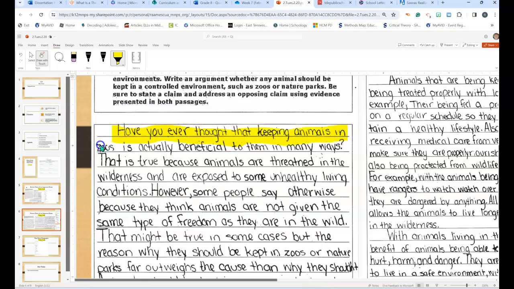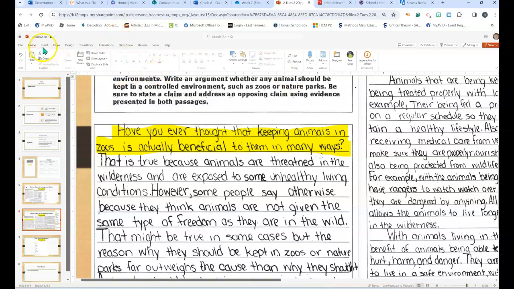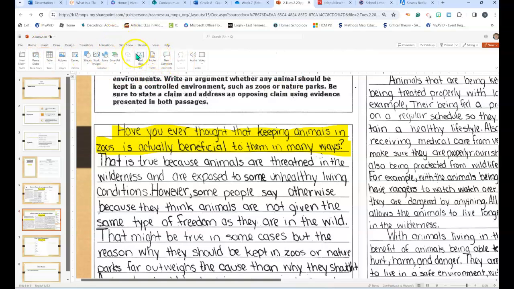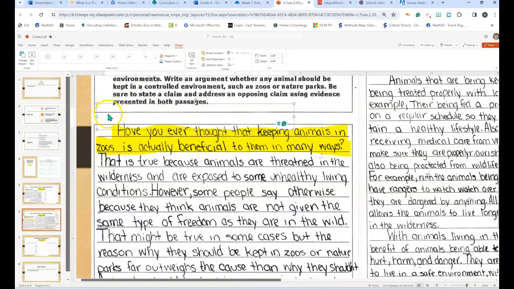So when you start your essay, you start with a hook to get people thinking. And the hook can be a question. I'm going to go ahead and type this in here real quick. So the hook can be a question to get them thinking.